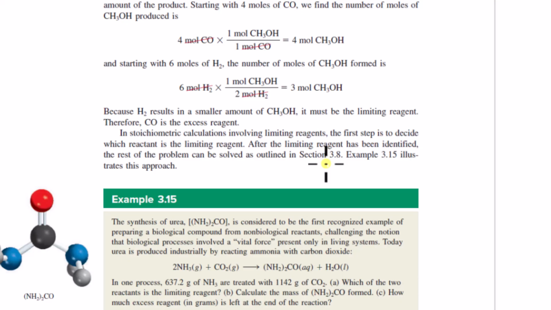But before you start doing the stoichiometry, you need to analyze the whole system to see if there's any limiting reagents. Because if there is, then your stoichiometry is going to have to go through the amount of limiting reagent consumed. You can't do the stoichiometry and go through the amount of an excess reagent you started with, because not all of that amount reacted in the chemical equation. So you're going to get incorrect answers.